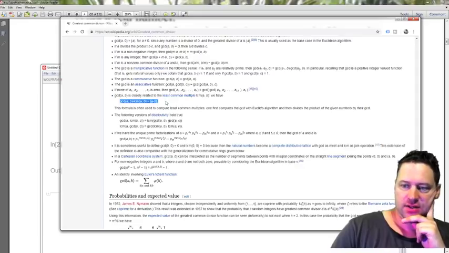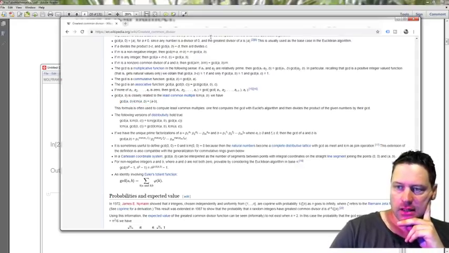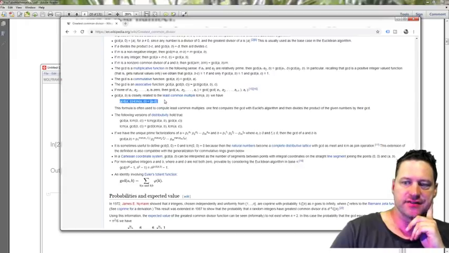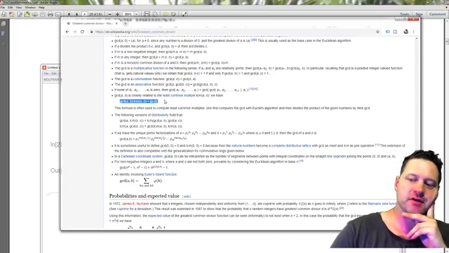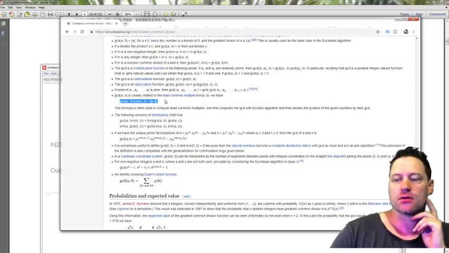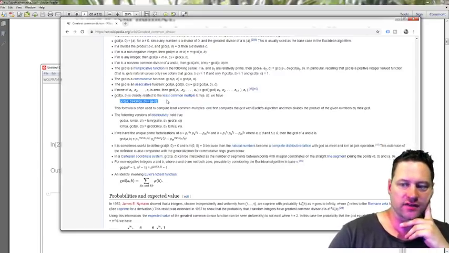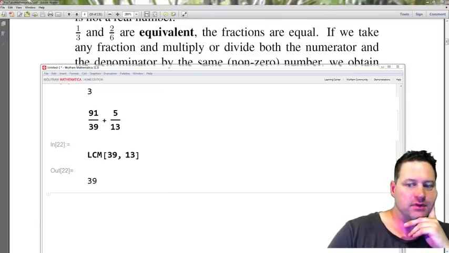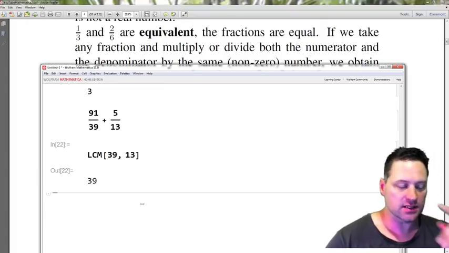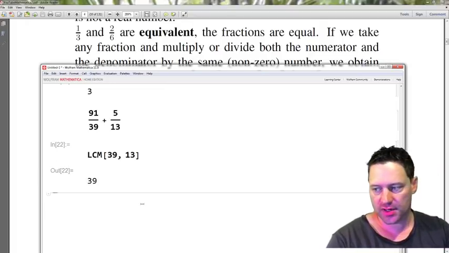Okay, here it is, right here. This says that the GCD of A and B times the LCM of A and B is equal to the absolute value of the product of A and B. So I'm going to copy that and paste that into this, because this is a fairly important property.